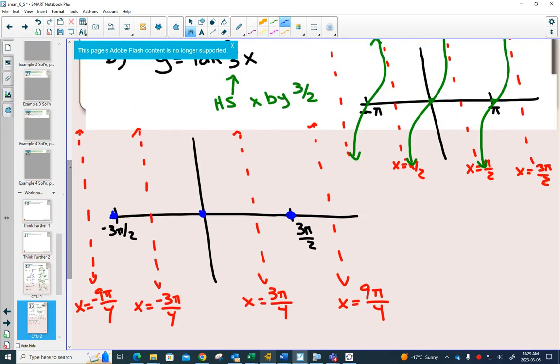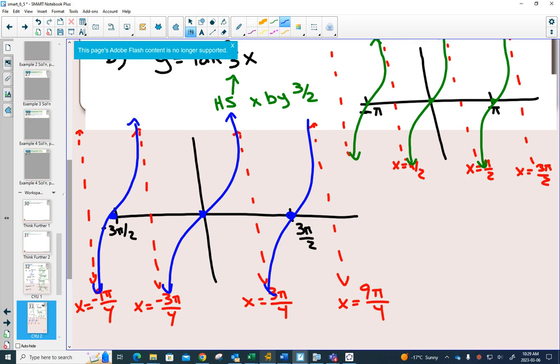So we take the key attributes, add our arrowheads to the end of the graph, and we've sketched our new graph. The period of tan was pi. You've multiplied your x values by 3/2, so your period is now 3π/2.